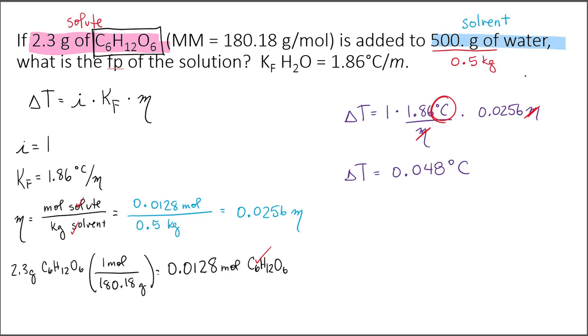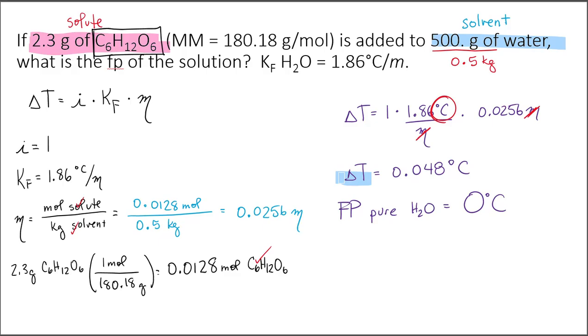The freezing point of the solution is not 0.05 degrees Celsius. The whole point is that the freezing point of the solution is less than the freezing point of the pure solvent. The freezing point of pure water is 0.